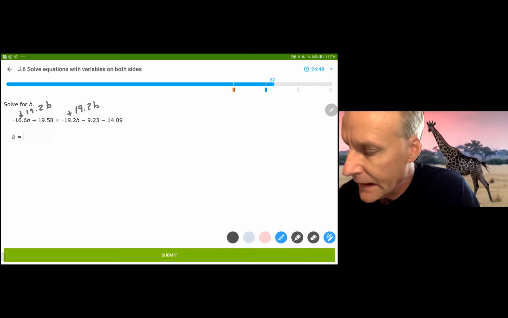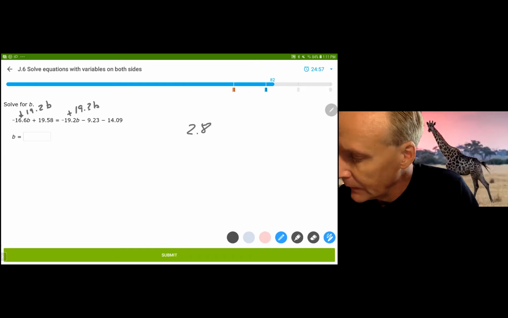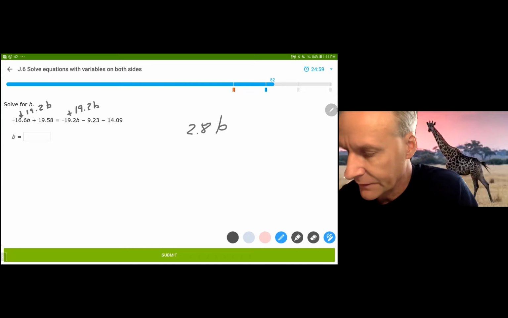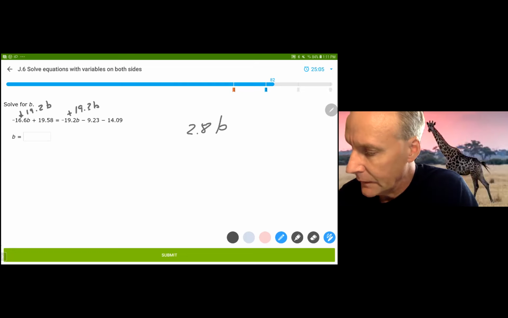And when I add that, it looks like I'm going to get 2.8b. And like I said, I'm going to use my calculator just to make absolutely sure I didn't make a dumb error. And I'm going to have negative 9.23 and a negative 14.09, and I'm also going to get a negative 19.58.